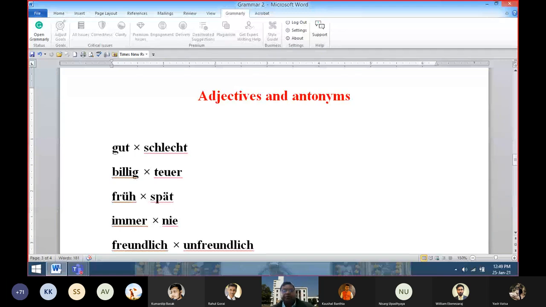Sometimes you'll find gut, then guter, gutes, gute, guten, gutem, etc. Different kinds of endings come with the original adjective form. In English we don't have this problem, but in Indian languages, Hindi, Sanskrit, and many others, whenever we use adjectives before a noun, we have to take care of the number and gender of the noun.